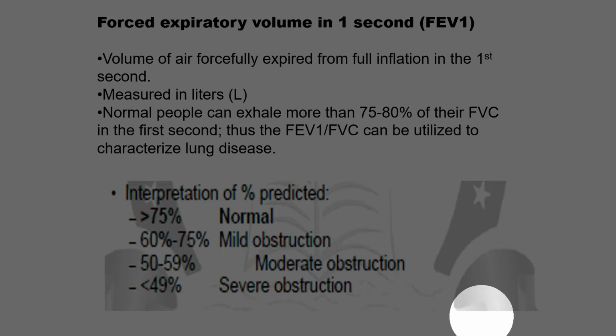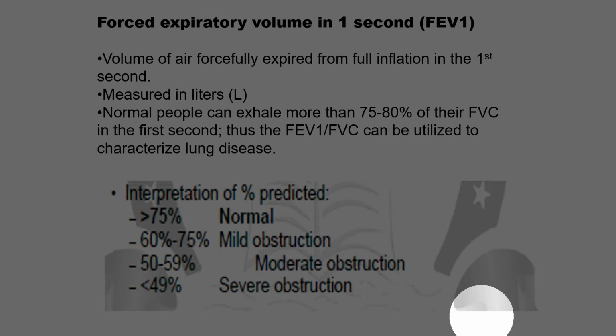But for the forced expiratory volume we consider 1 second, that is how much volume of air can be exhaled in 1 second. It means first of all you inspire deeply, and then when you forcefully expire, the first second will give you the maximum volume.